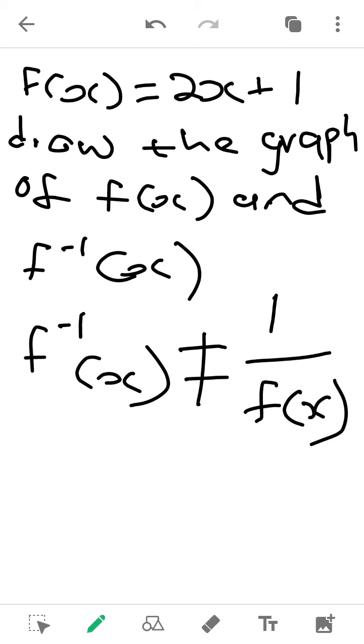So for us to draw the graph of the inverse of f of x, here are the steps to find the inverse of a function.